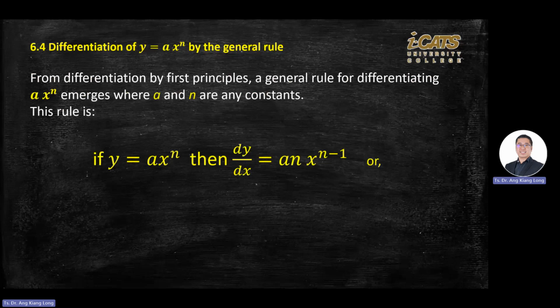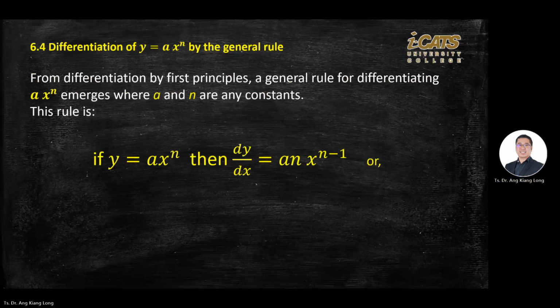If you have y equal to ax to the power n, dy dx will equal: maintain the constant value, pull the exponent to the front, and then because it's differentiation, it is minus 1.